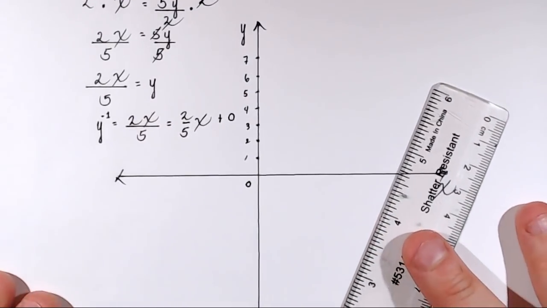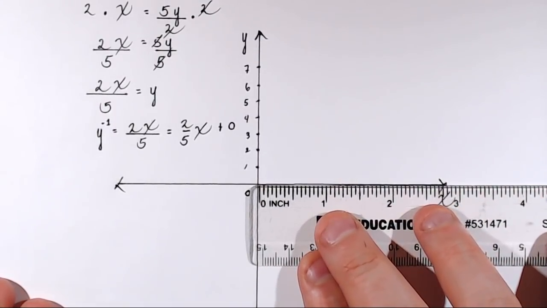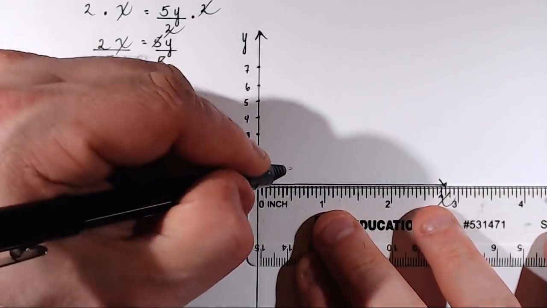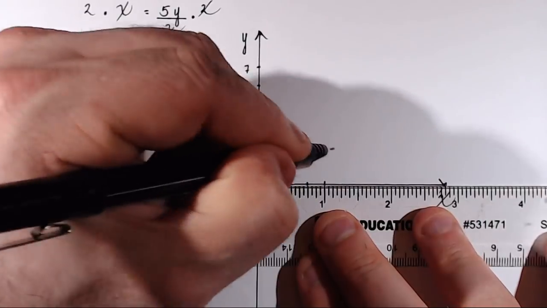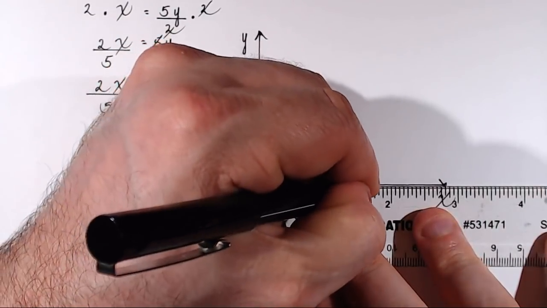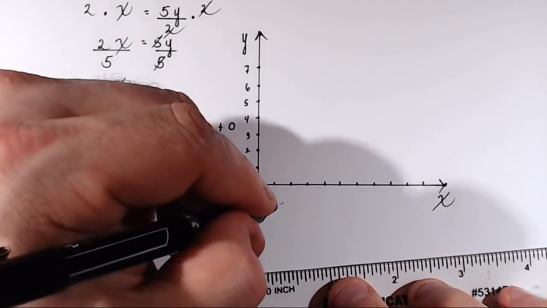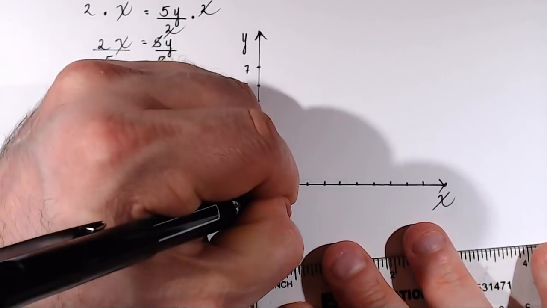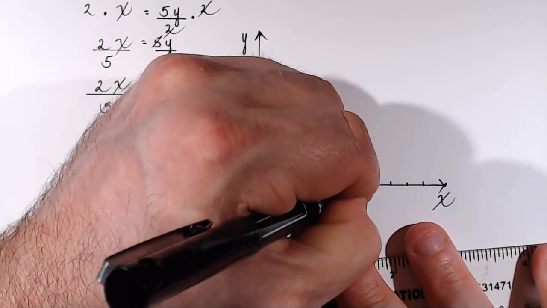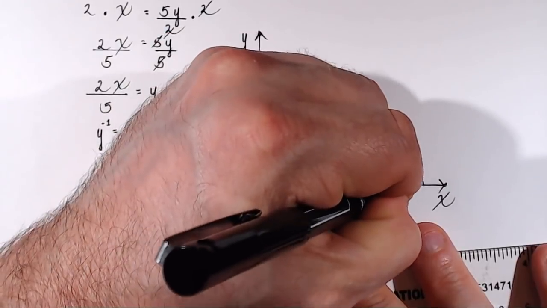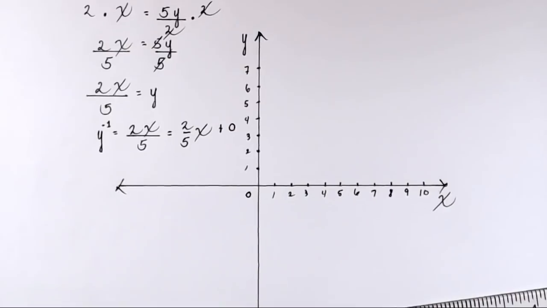And then on the x-axis, we'll do the same 1/4 inch spacing. 1, 2, 3, 4, 5, 6, 7, 8, 9, 10. Didn't need all those, but whatever. Okay, and now we can graph.